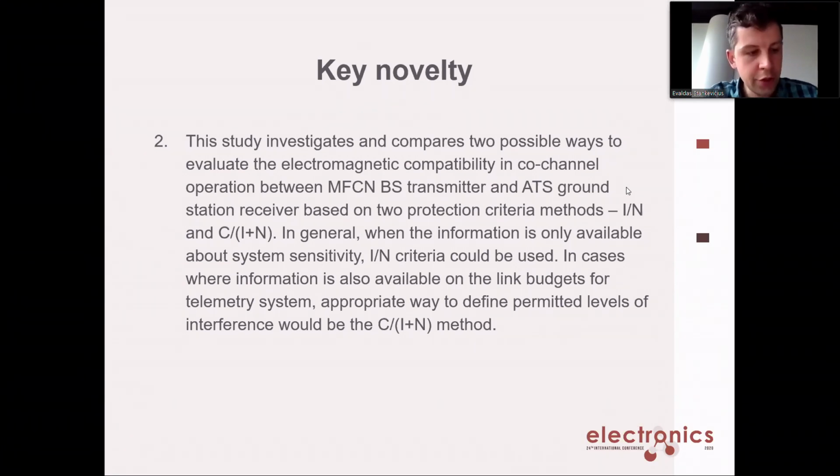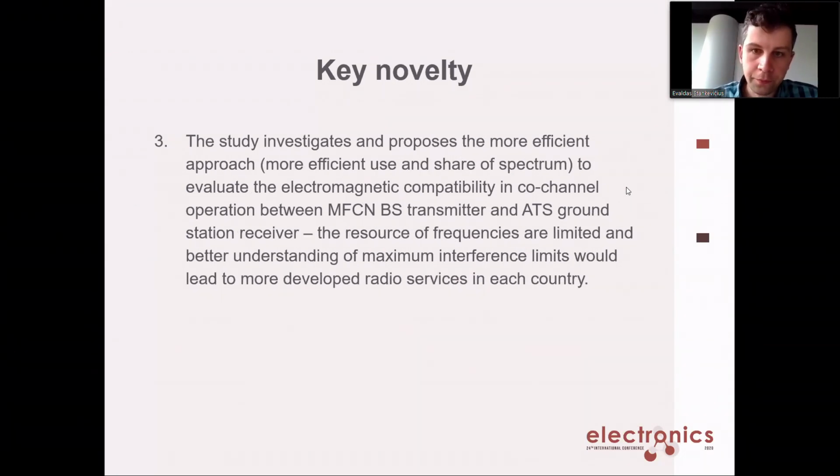And each case is different. If neighboring countries have different approaches, meaning that one country would like to use mobile networks and the other country would like to develop telemetry systems or other systems, you need to calculate the electromagnetic compatibility case by case. In the current situation, the calculations and the interference criteria might be overprotective, so they should be well adjusted or improved.